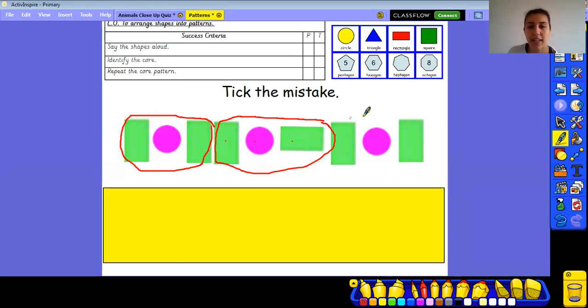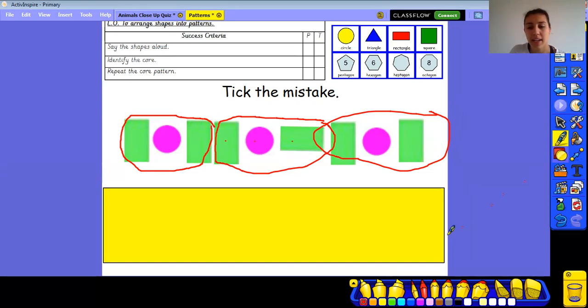So let's check that this one matches it. Rectangle, circle, rectangle. Does this match our first core? Yes, it does, because it's the same shapes in the same order and in the same orientation. That means they haven't been turned in any different direction.